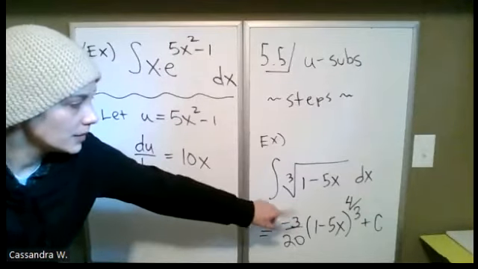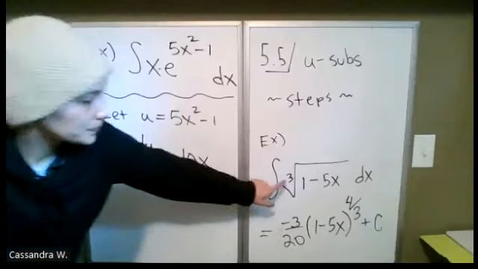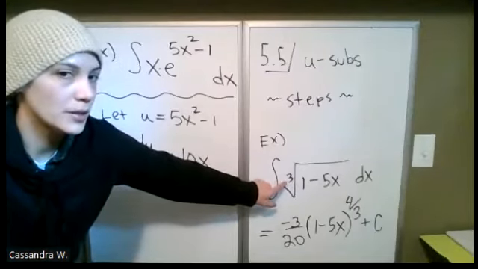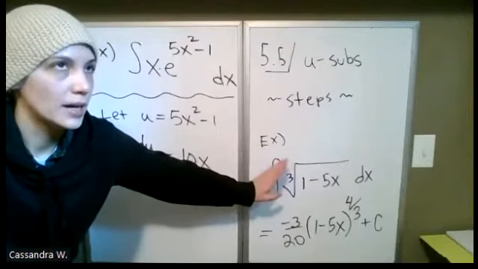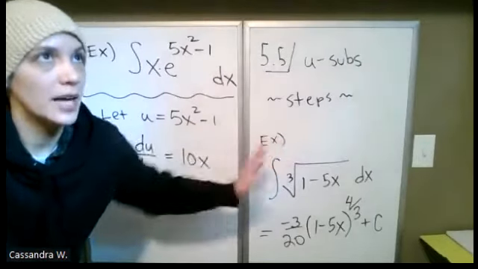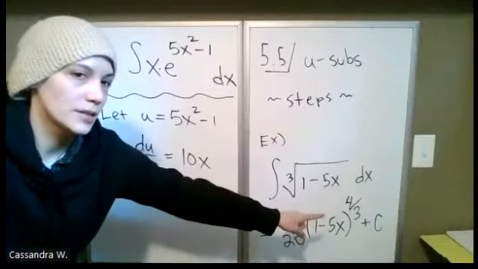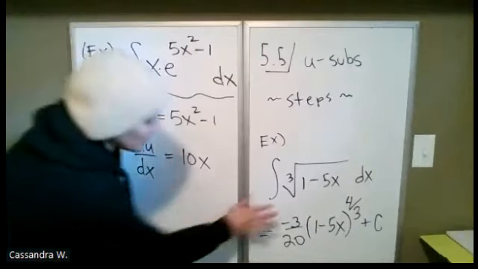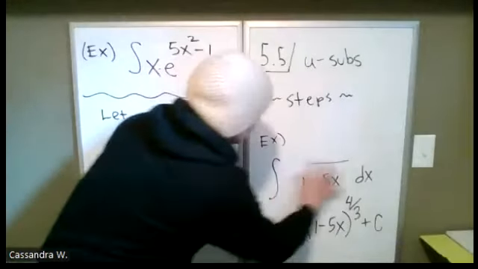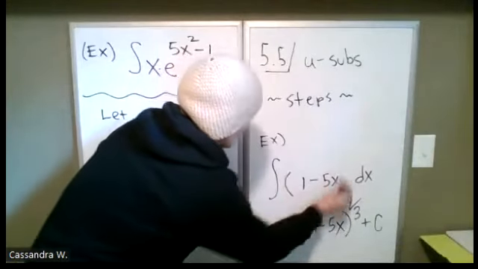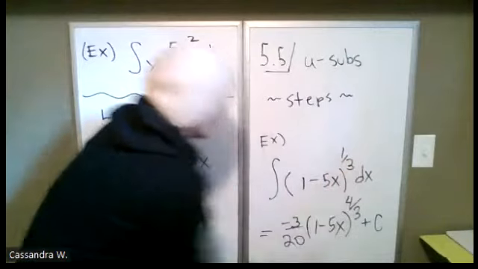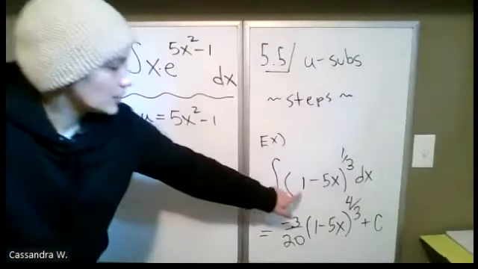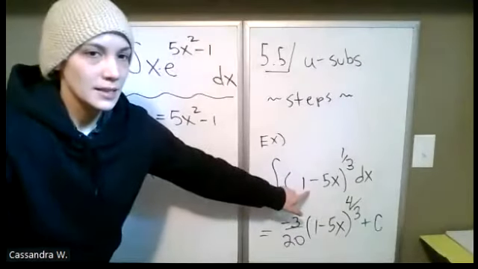The 4/3 comes from having this written as a power of 1/3. And then when you integrate, you add 1 to that power and get 4/3. Like backing up, when we did this example, we let u be the 1 minus 5x.